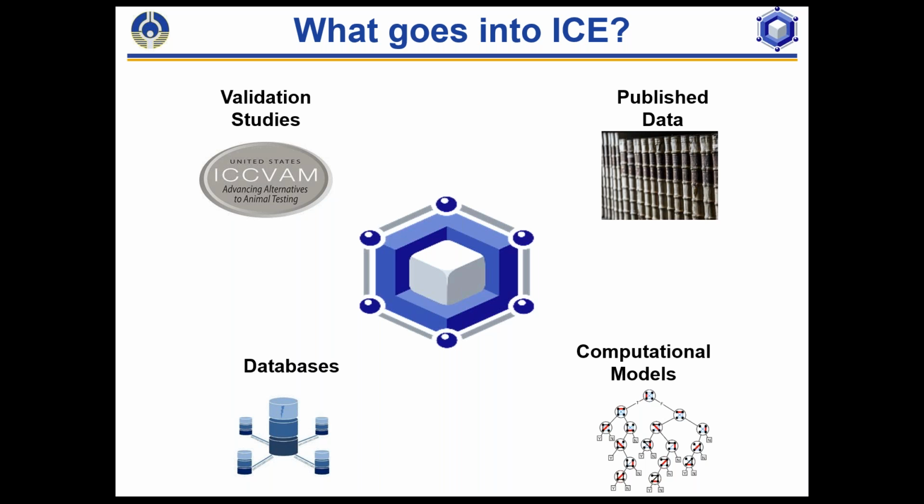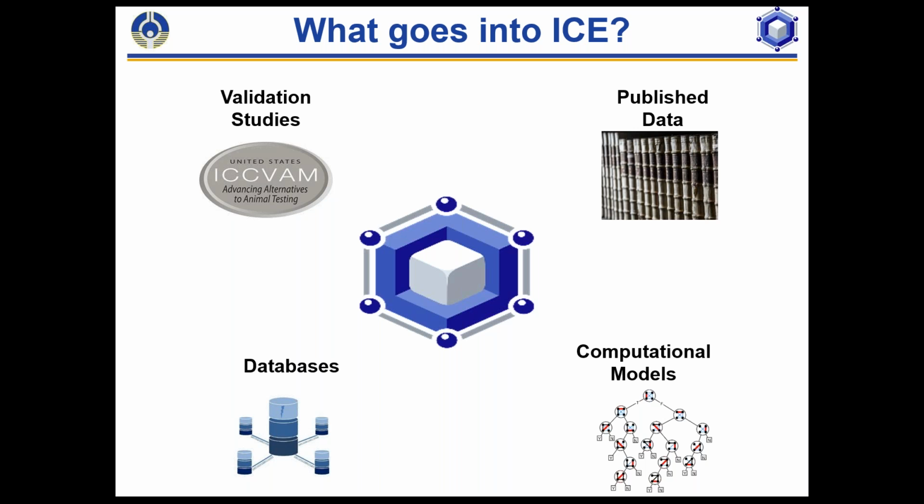We also have data that comes from databases. So we do have some data that comes from partners at EPA, as well as other resources. We are forming relationships with other databases at NIEHS so that it'll be more seamless transition between the data that's in ICE and the data that's in those resources.